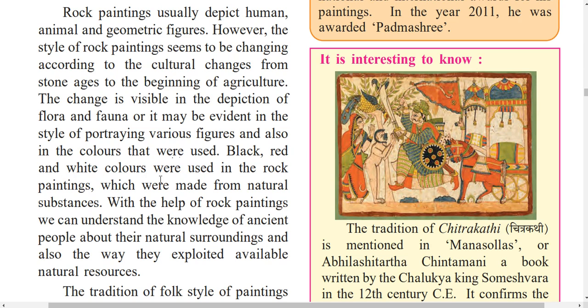Black, red, and white colors were used in the rock paintings, which were made from natural substances. With the help of rock paintings, we can understand the knowledge of ancient people about their natural surroundings and also the way they exploited available natural resources.